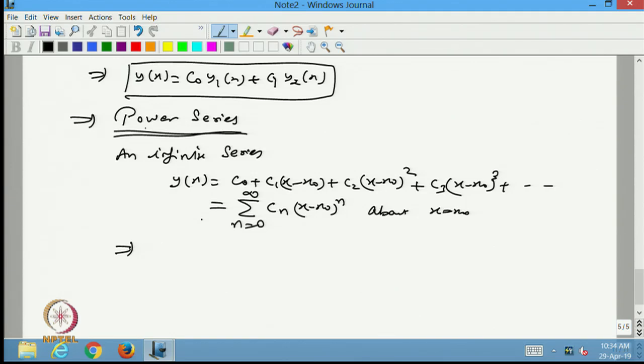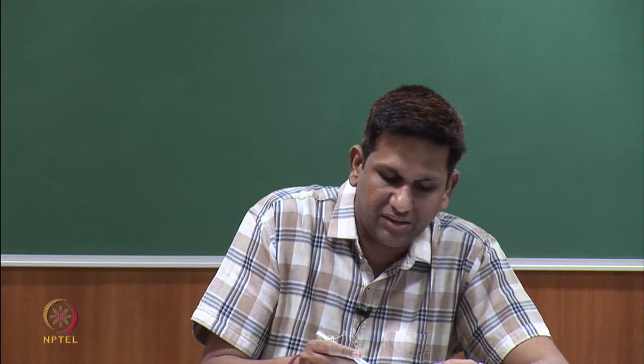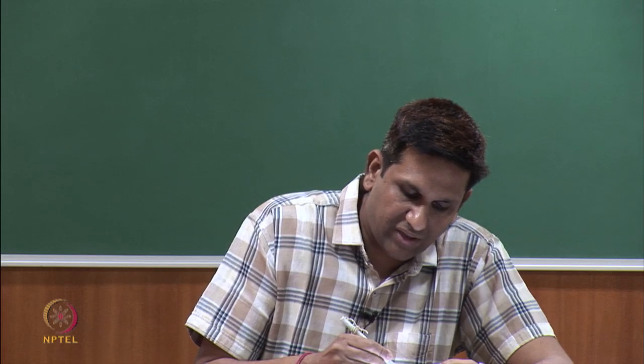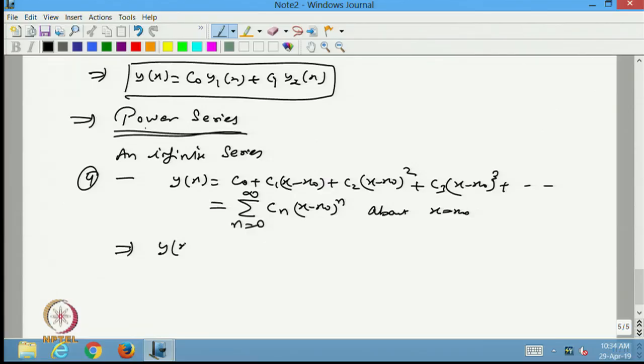Let us suppose I want to find C0. I give this series the name equation 4. Because this function has a power series on the right hand side, I will find the value of y at x naught. At x naught, all the other terms will become 0, and from here I will get my C0.